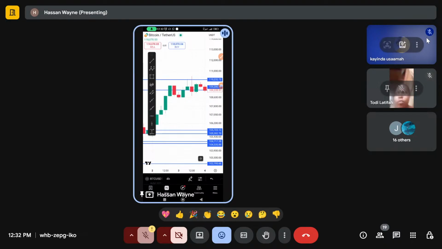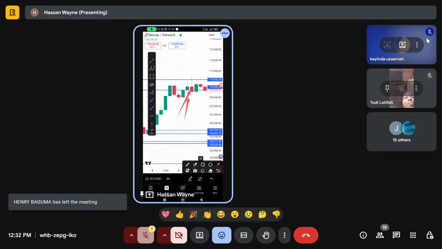After drawing my support and resistance there, I wait for the candle. So this was the confirmation candle. This red candle was a confirmation to tell us that we are heading down. So I wait for that candle to form, then I enter on the next candle.